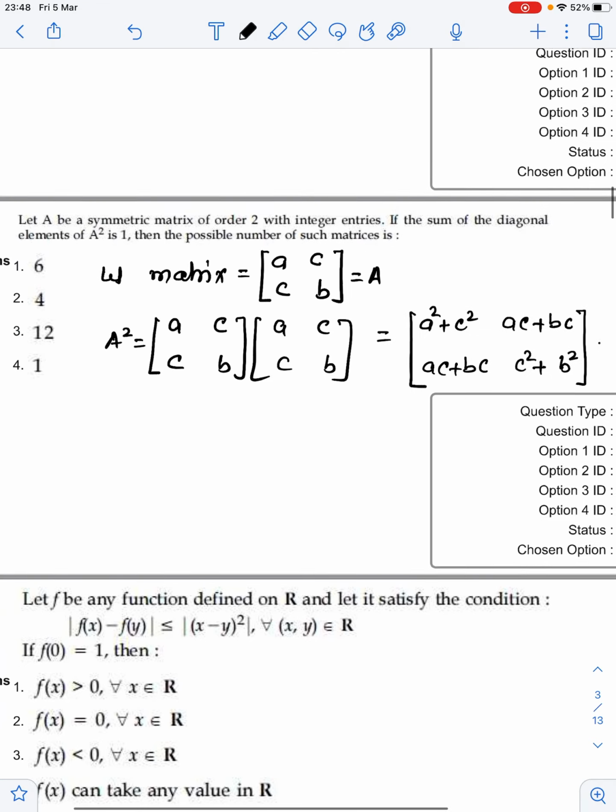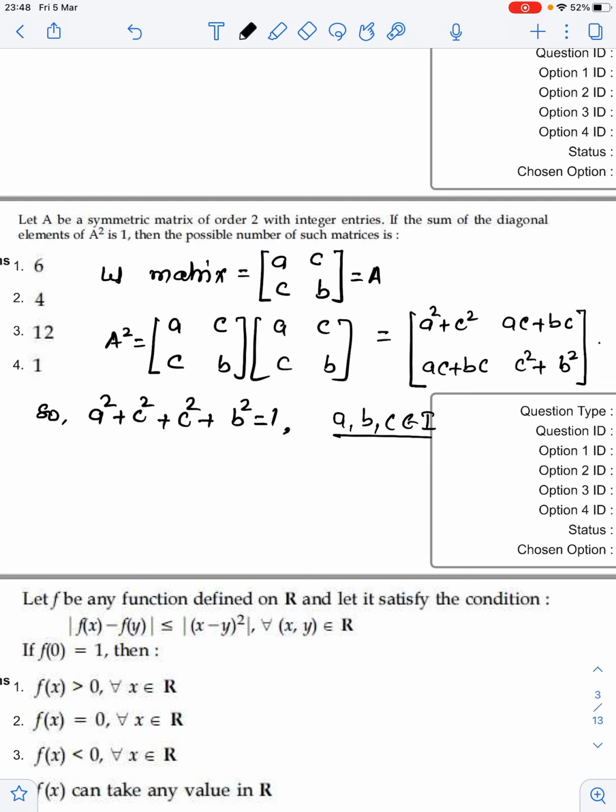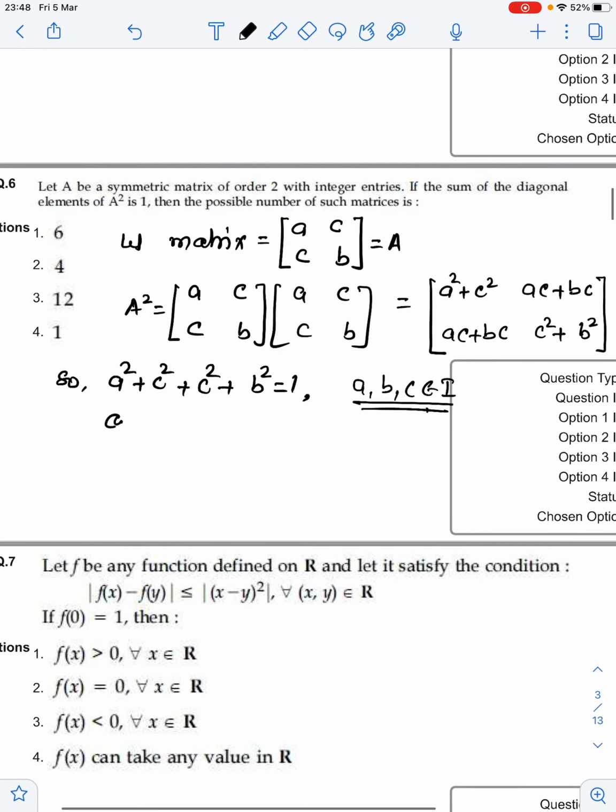Now the condition they have given is that the sum of the diagonal elements of A square is 1. So A square plus C square plus C square plus B square is equal to 1, while they are saying that A, B, C belong to integers only. Now you can clearly see that A square plus B square plus 2C square is equal to 1.